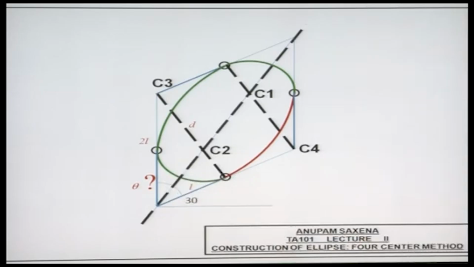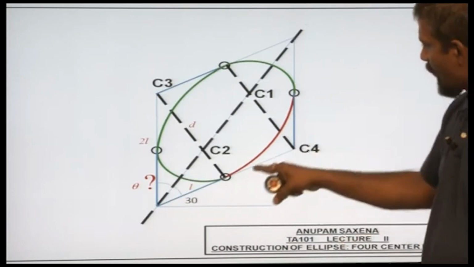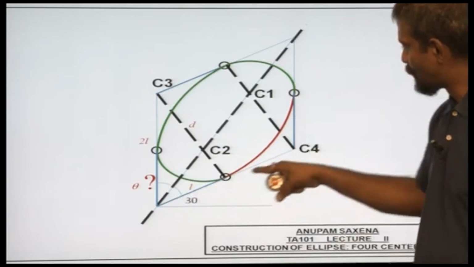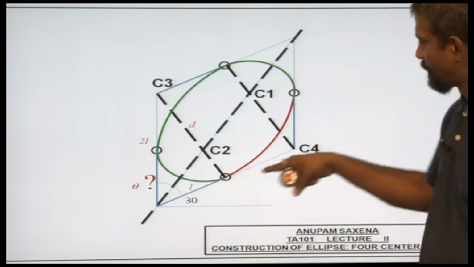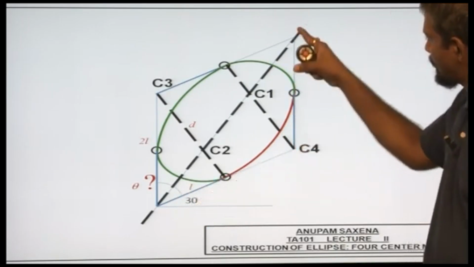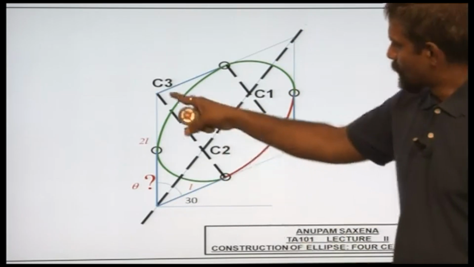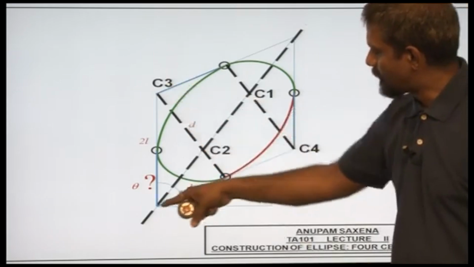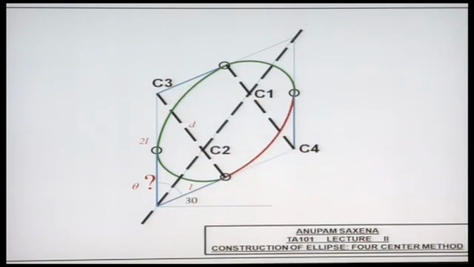If you look at this construction carefully, if you want this arc to be tangent to this line segment here and this line segment here, it so happens that this triangle here has to be a right-angled triangle.